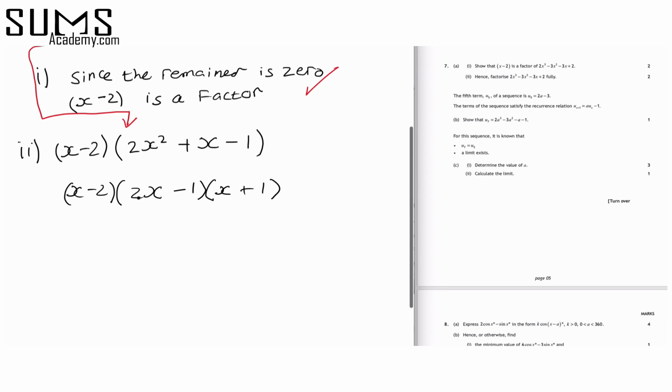You can even just check it in your head. So 2x squared goes to 2x minus x minus 1, and 2x will cancel out 2 plus x. So that is correct. Okay, so that is our term fully factorized here. So you get the mark for stating the quadratic and for completing the factorization. Okay, now on to part B.